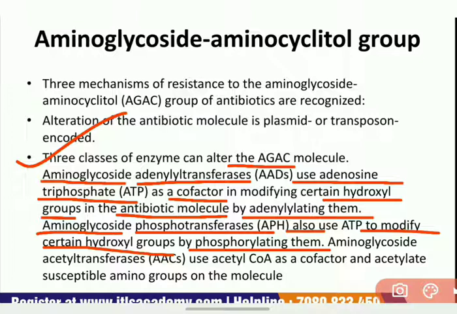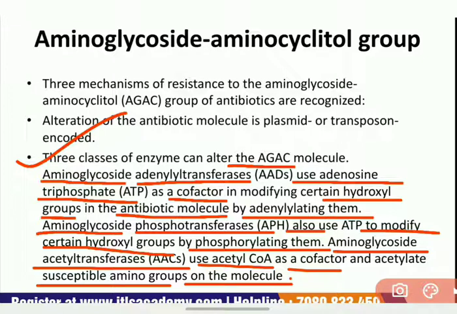Third is aminoglycoside acetyltransferases, that is AACs, which use acetyl coenzyme A as a cofactor and acetylate susceptible amino groups on the molecule.